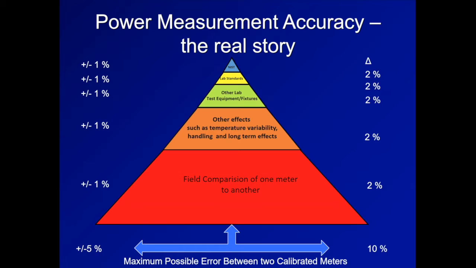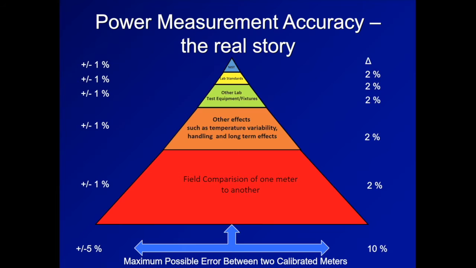So that means that it can't be any better than that. We can't tell you that it's absolutely dead on 0% to our standard. There's a measurement uncertainty that they will tell you is about 1%. So I'm just going to have you keep in mind that you want to be adding up these things along the left-hand side here until we get to the bottom.